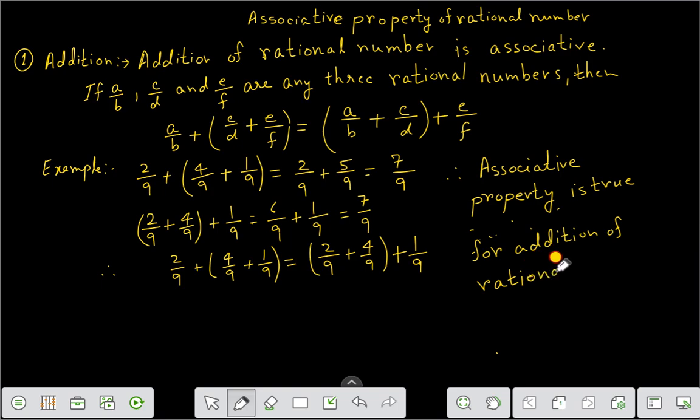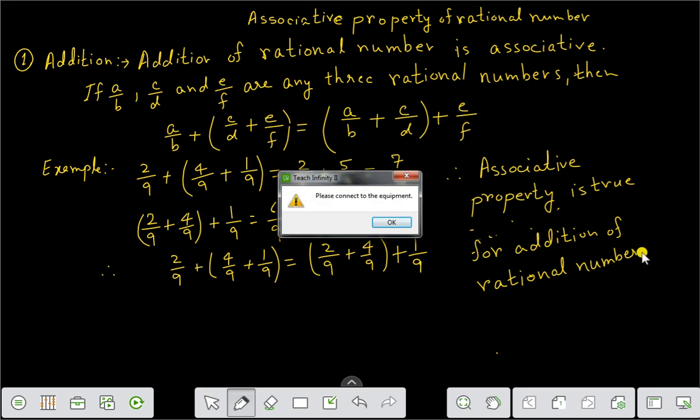In the end, what we get is that addition of rational number is associative, or you can say that associative property is true for addition of rational numbers.